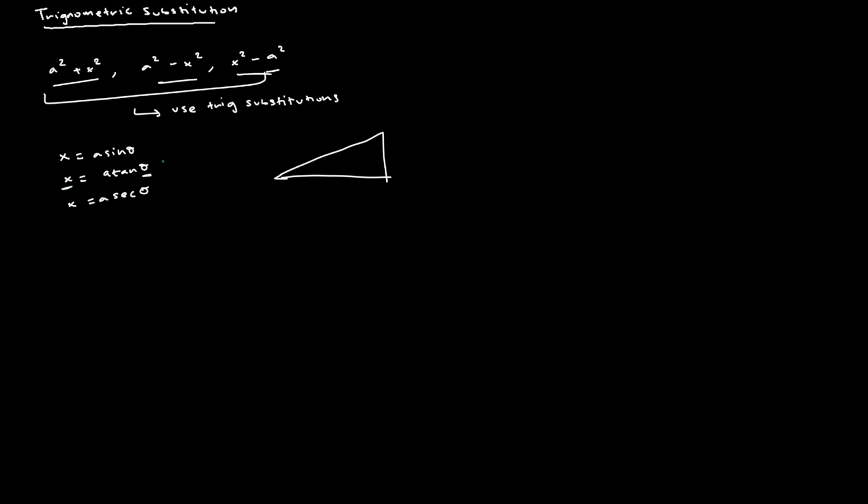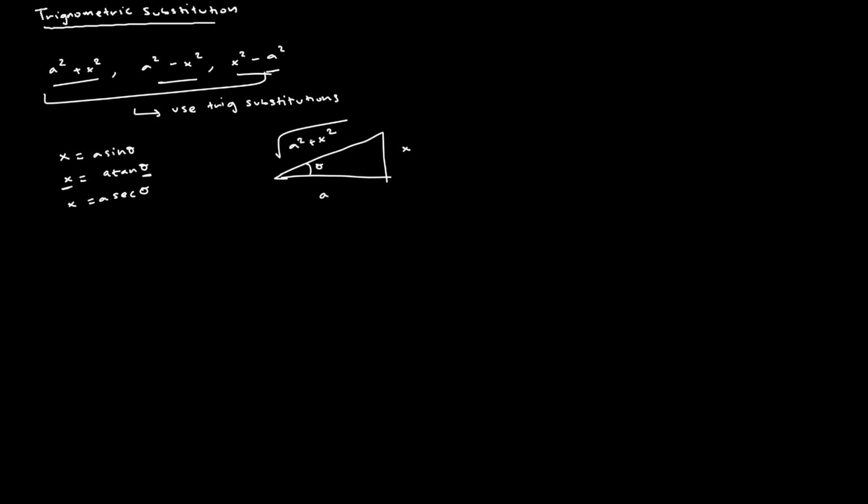And when we integrate with respect to theta, hopefully we are able to find the integral of whatever we want to. So let's say we have a triangle, and this is theta, which is the variable. If the opposite side is x and the adjacent side is a, we know that the hypotenuse is simply the square root of a squared plus x squared.